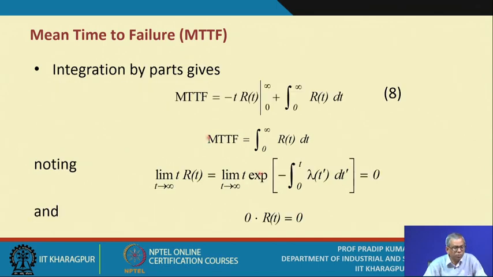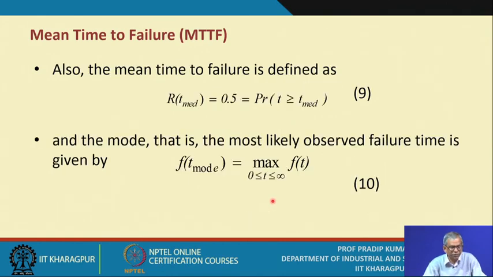This is just a manipulation, and if you go for integration by parts, you find that MTTF is minus t R(t) from 0 to infinity plus the integral from 0 to infinity of R(t) dt. Note that the limit as t tends to infinity of t R(t) equals 0, and 0 into R(t) is obviously 0. So we have the expression MTTF equals the integral from 0 to infinity of R(t) dt.